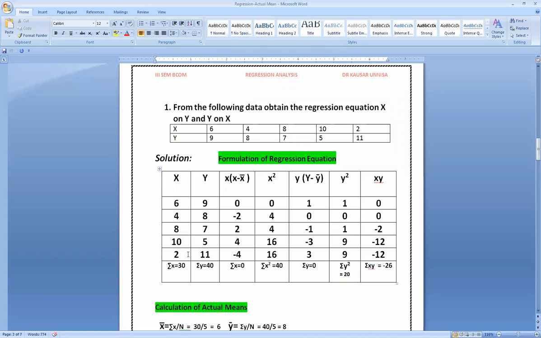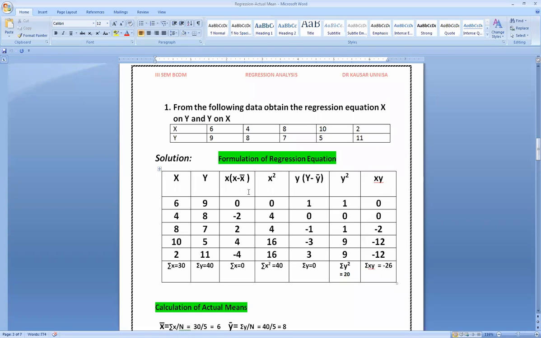As we used to write in the table, in the same manner we have to follow. Here we have 7 columns, like how we did for the correlation coefficient. In the same manner we have to make a table for the calculation of regression, a table containing 7 columns. One is the x value given and the y value also given in the question.